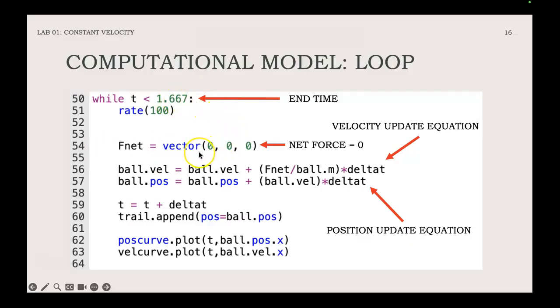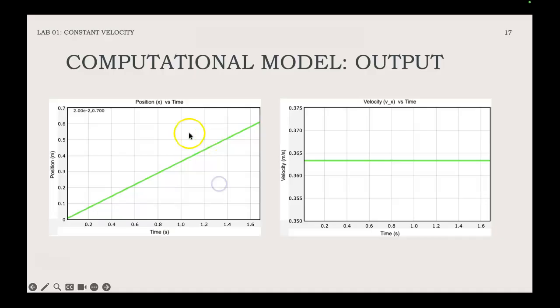Our net force vector was 0, 0, 0 because our forces were balanced. And our velocity update equation is right here as well, and because F net equals 0, this has constant velocity. Our position update equation is here as well, that outputted these two graphs, in which position was linear and had a constant slope due to the horizontal line of velocity, which has a slope of 0, as you can see right here.